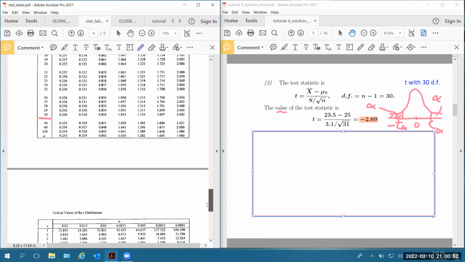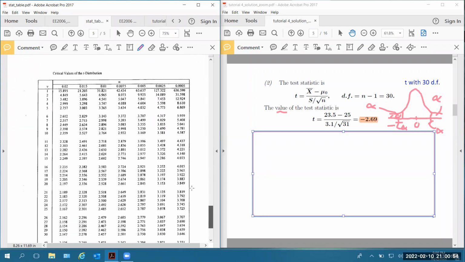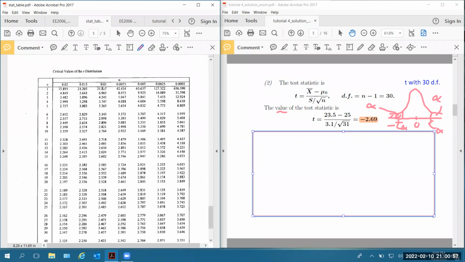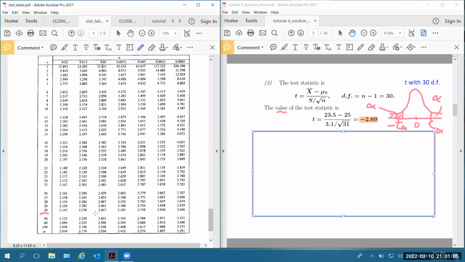It's actually on the next page. There, you see 0.01 is here, right? Then you can see 30, 0.01, and you are going to get this number here. So this is your t alpha. And of course, our critical value is what?